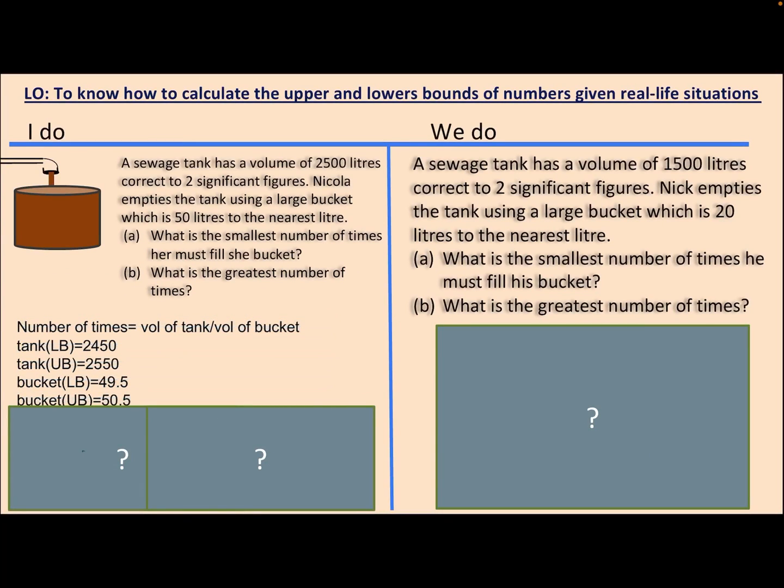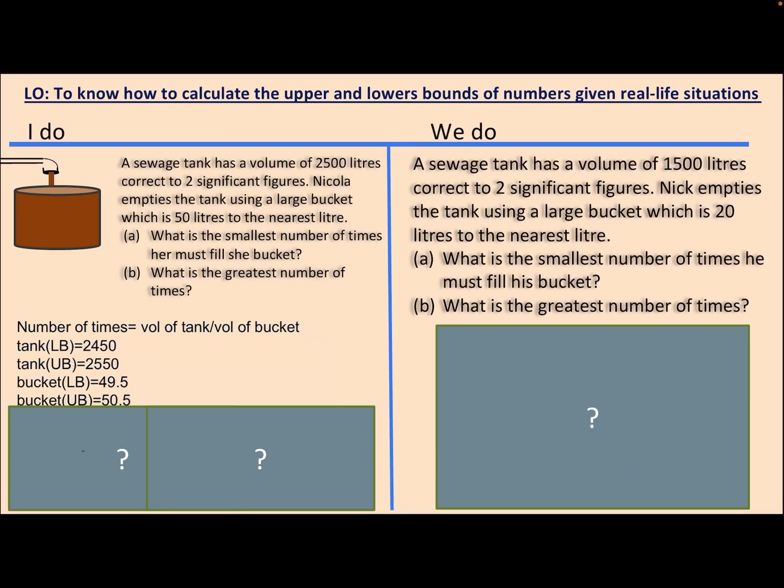Okay? So we've done that now. And then the second step is we need to know which is our right combination. So to find out how many times she needs to fill it, she needs to do volume divided by the large bucket.